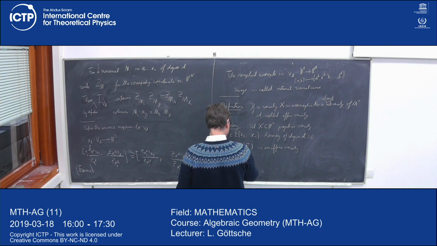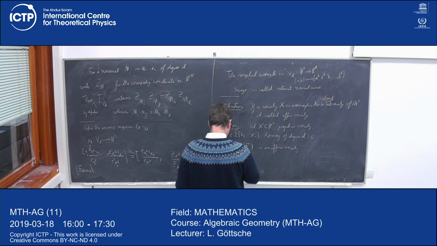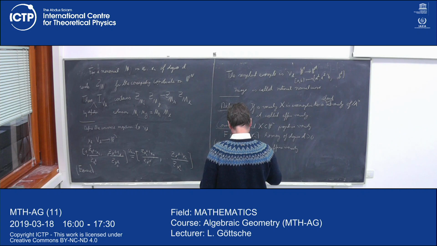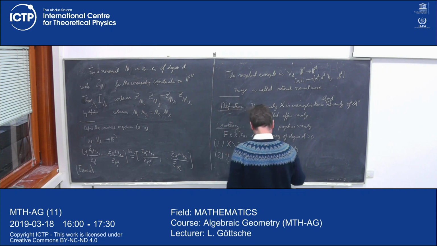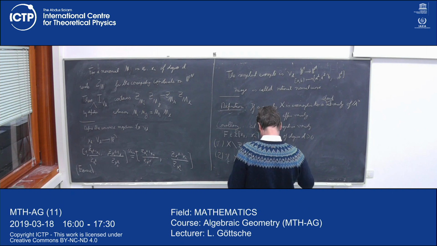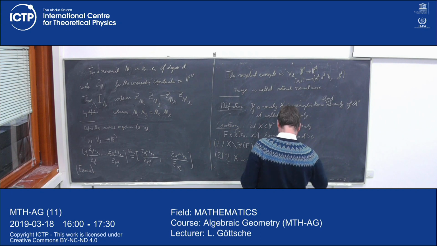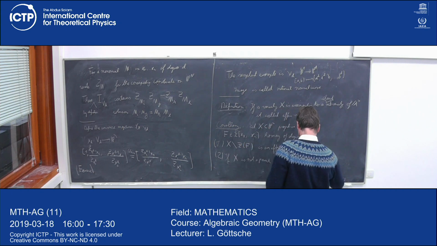If X, our projective variety, is not a point, then X intersected with the zero set of F is not the empty set.